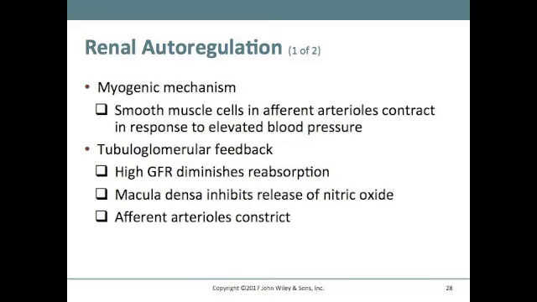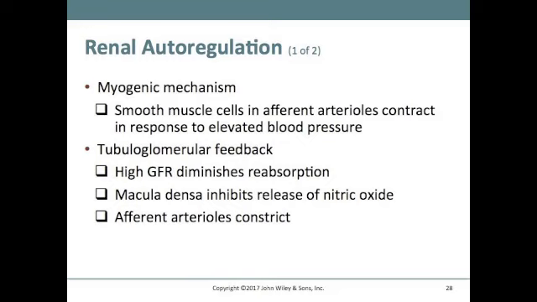The second contributor to renal autoregulation is tubuloglomerular feedback. This is named because part of the renal tubules, the macula densa, provides feedback to the glomerulus. When the glomerular filtration rate is above normal due to elevated systemic blood pressure, fluid flows more rapidly along the renal tubules.